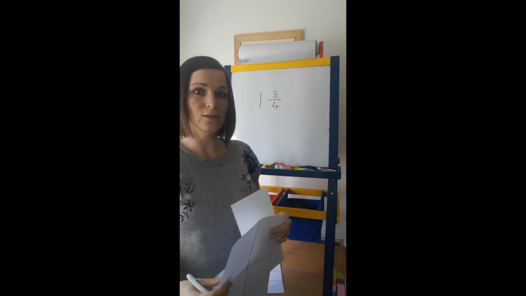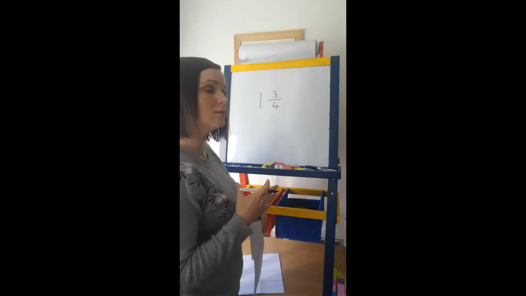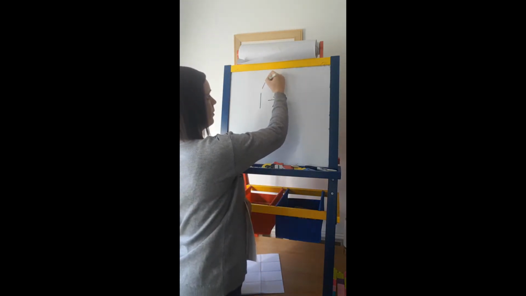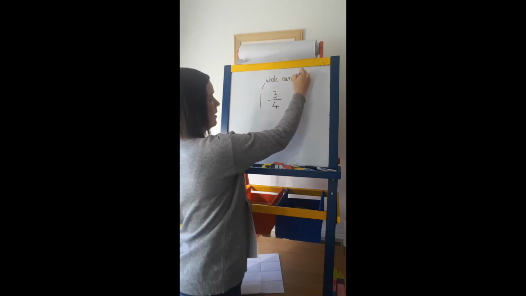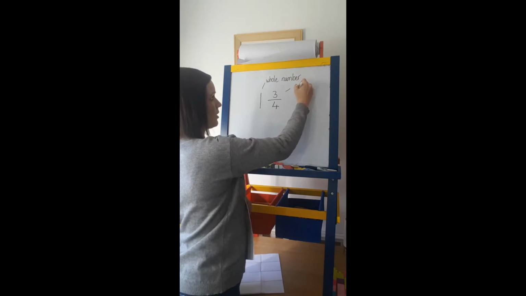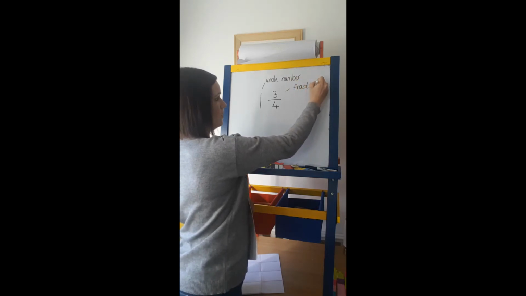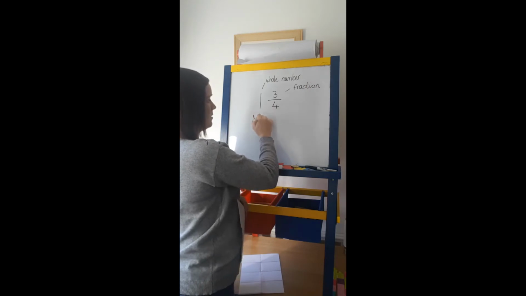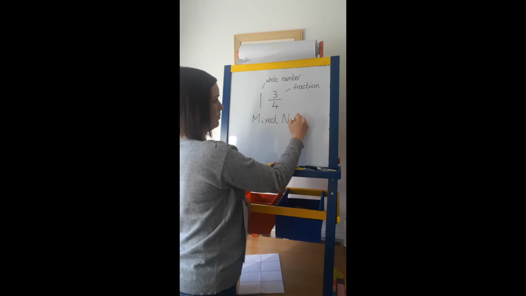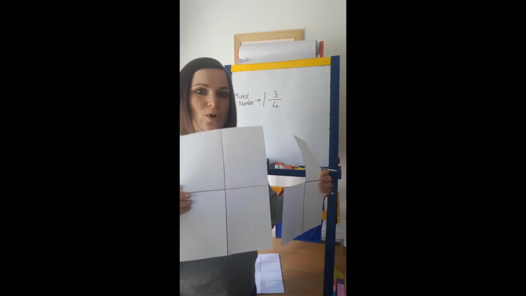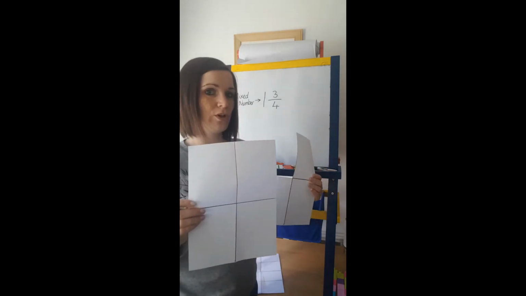So that's 1 whole and 3 quarters. So it's a mixed number because it has a whole number part and it has a fraction part. So that is what makes it a mixed number. Okay, so that's what this was as a mixed number, 1 whole and 3 quarters.